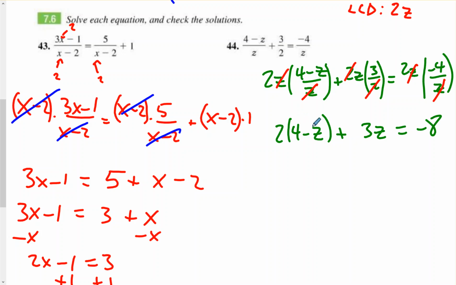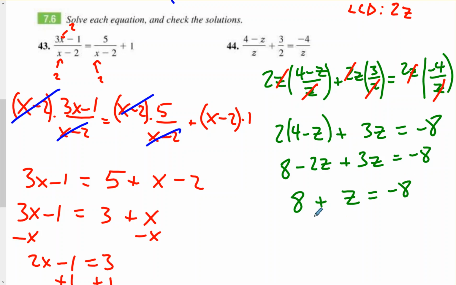Okay, distribute the 2 into the parentheses, so 2 times 4 is 8, minus 2 times z is 2z. Okay, combine like terms, we have negative 2z plus 3z, so that would be a plus z, equals negative 8. Subtract 8, so we have z equals negative 16.